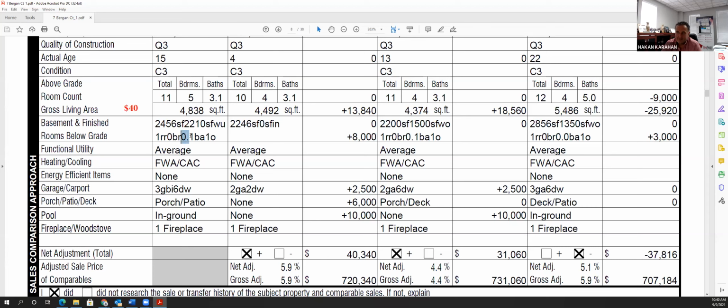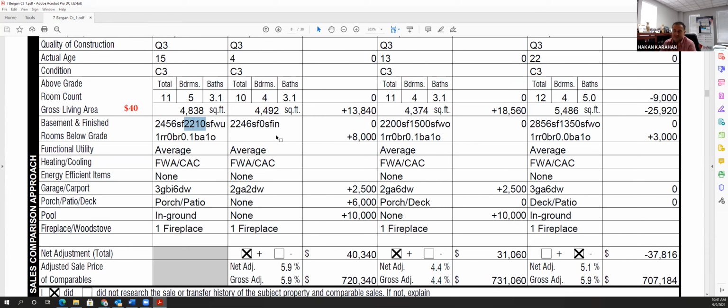In the basement, there is half a bathroom, and one office. This is what those codes are for. So this one has 2,246 square feet, but the appraiser gave only $8,000 credit, even though this property has 2,210 square feet finished area.